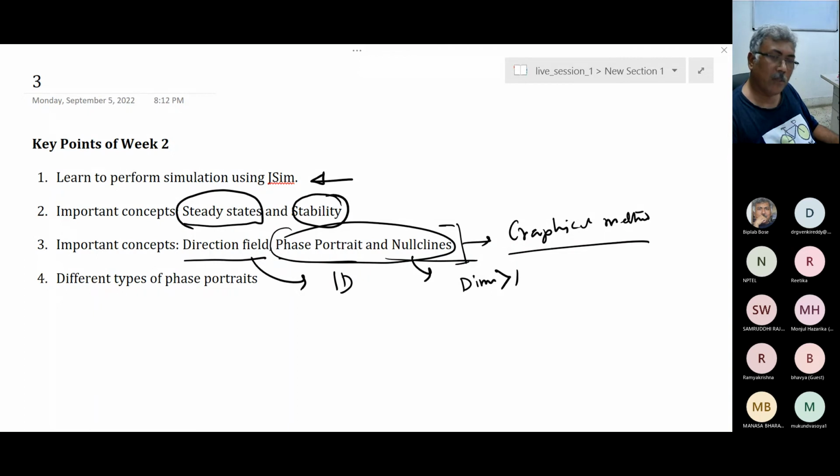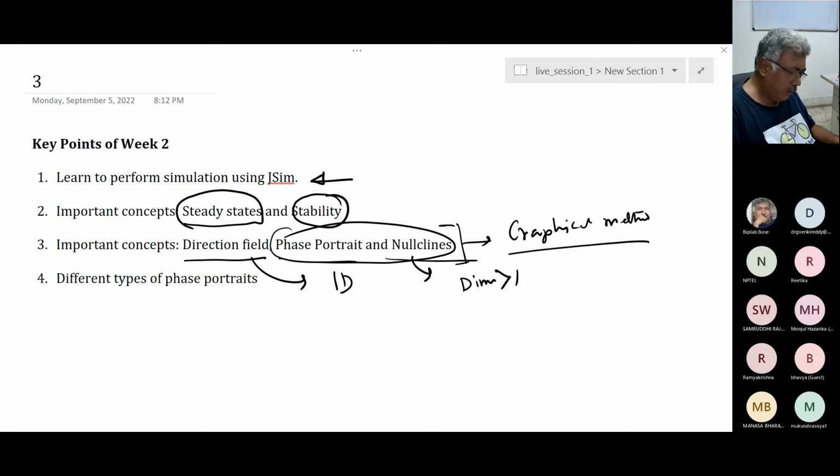At the same time, when you make this graph, when you plot them, many dynamical features, many behavior of that system becomes much clearer to us. Just numerical solution and solving x versus t, y versus t data does not communicate everything. That's why phase portrait and nullclines are still important and people use them extensively.